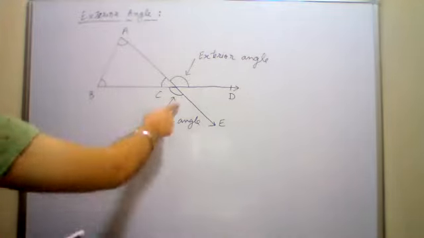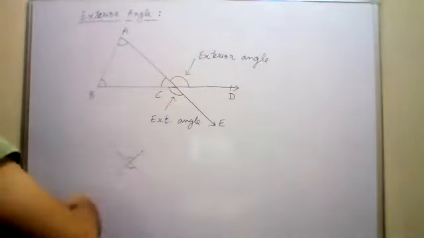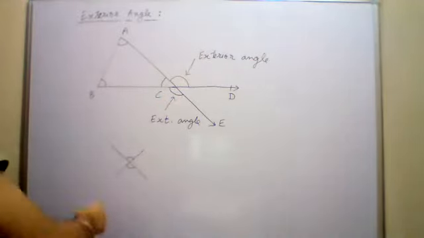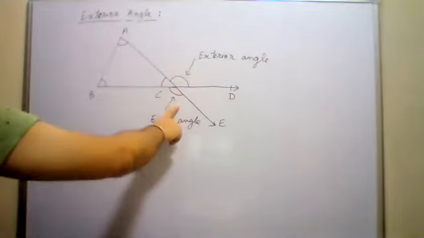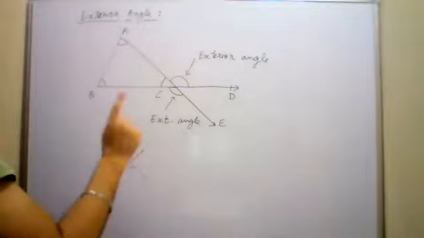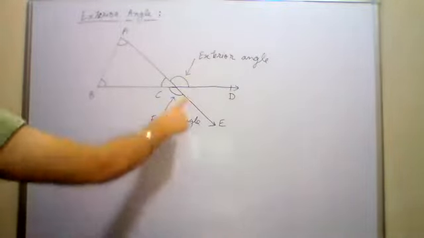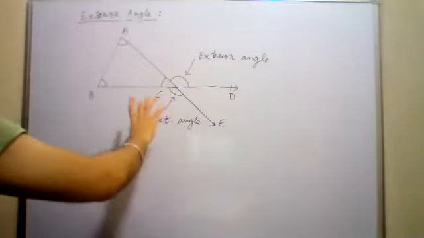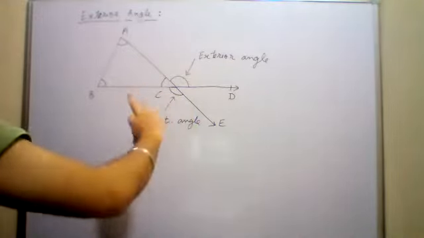Similarly here also you can see that two lines are crossing each other. Therefore the two angles are vertically opposite angles, and they will be equal. So we don't count these two angles as two, we count them as one angle. That is why we cannot count them as two different exterior angles.